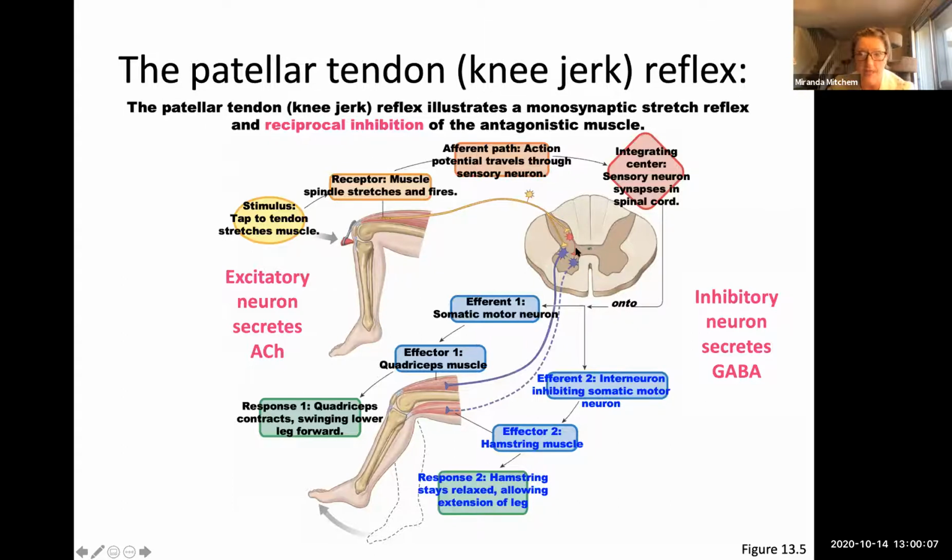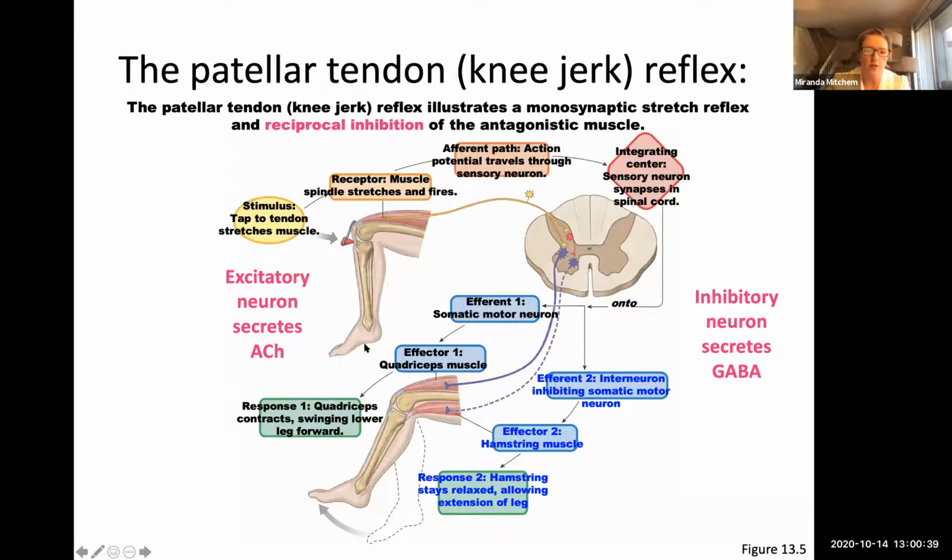So we have a synapse happening right in the integrating center. And now it's coming out on the dotted line showing the inhibition of the hamstring muscle. It does this by releasing the neurotransmitter GABA, and the hamstring muscle has to stay relaxed at the time when the quadricep is contracted, allowing the kicking of the leg up, allowing that extension movement.